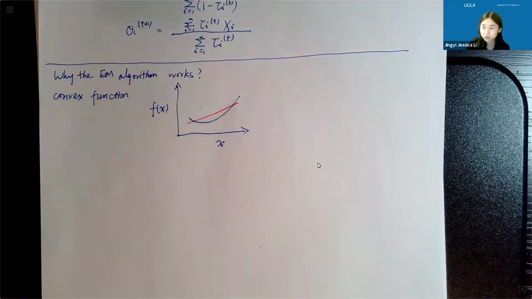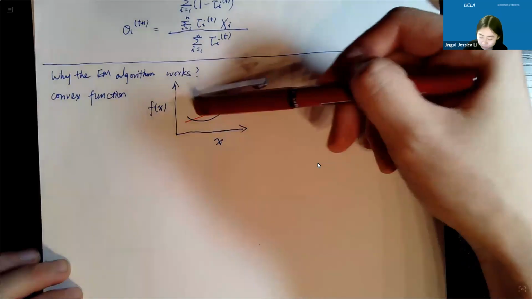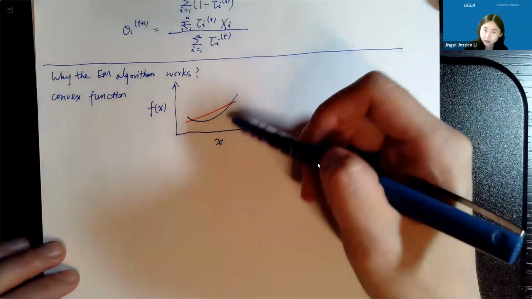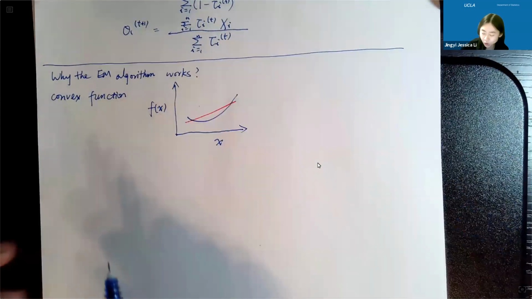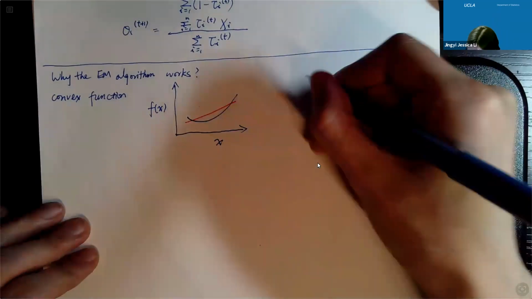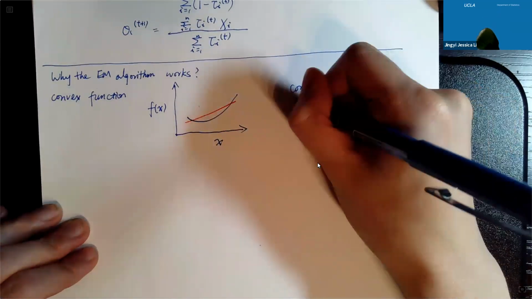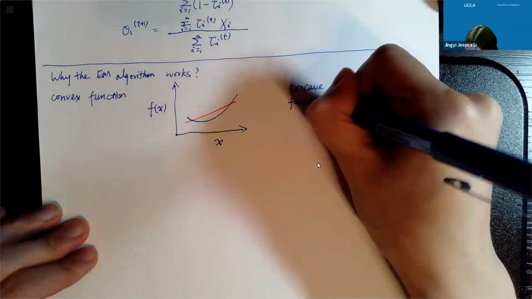If that's the case, you call this function strictly convex. That's why I say it's looking downward. If you look from up to down, you'll see why we call it convex, because it's going outward in that direction.